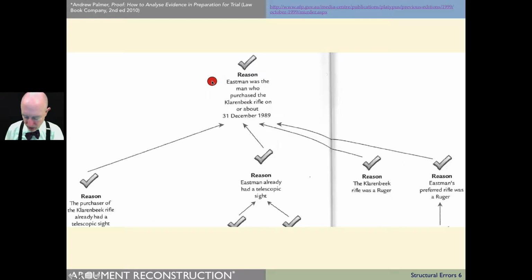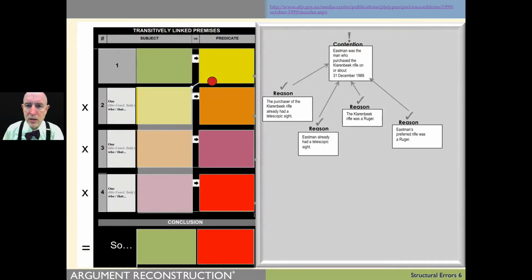The same one we've been working with all along. So again, we create our tray area for working, and we put the conclusion right here. Eastman was the man who purchased the Clarenbeck rifle on or about 31 December 1989.